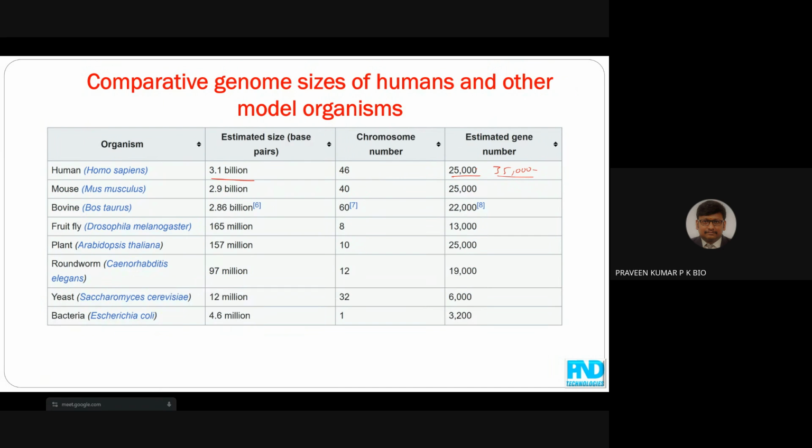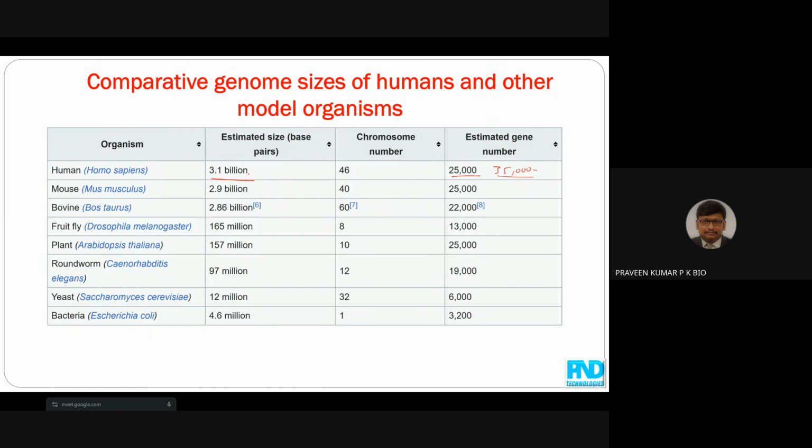The increase from 25,000 to 35,000 is because of developed and modified Illumina technologies, so even part of the centromere and part of the telomeres can also be sequenced.